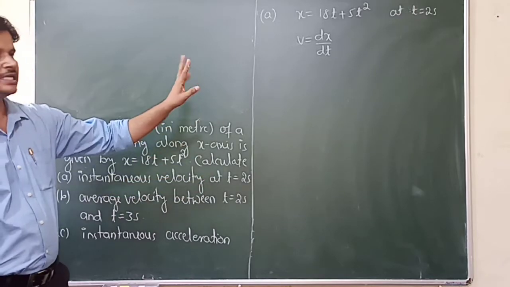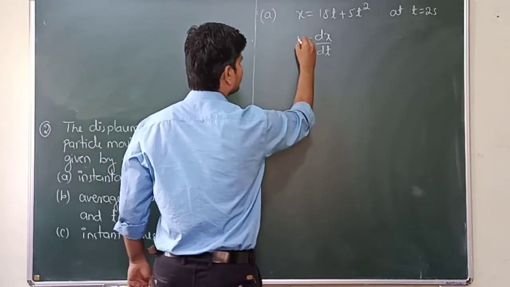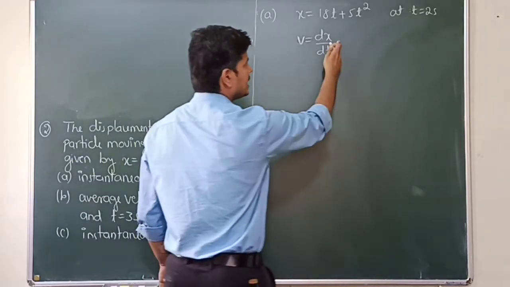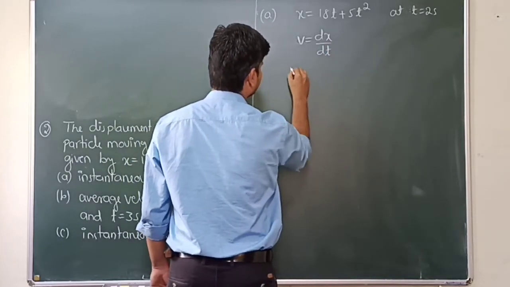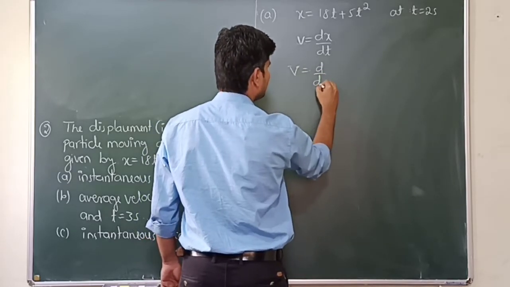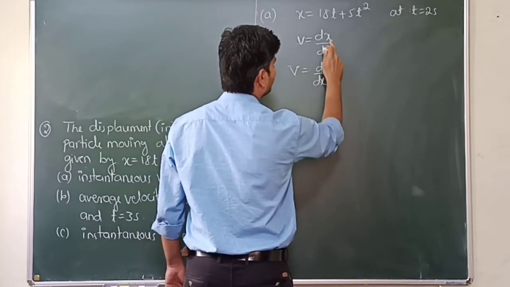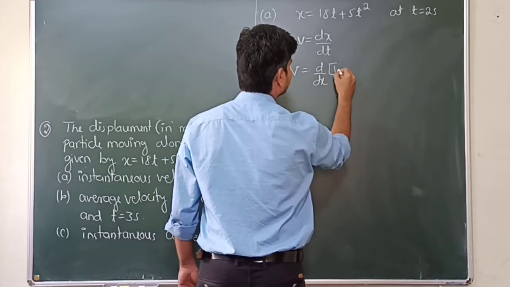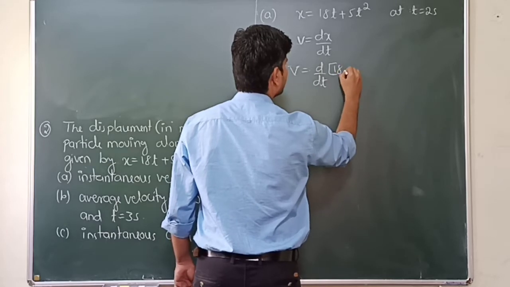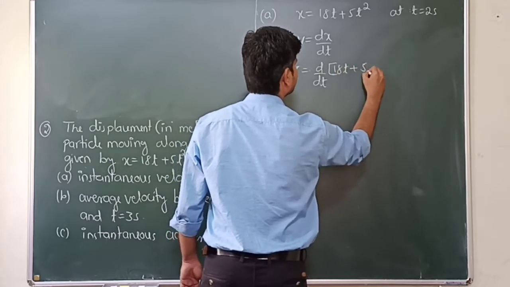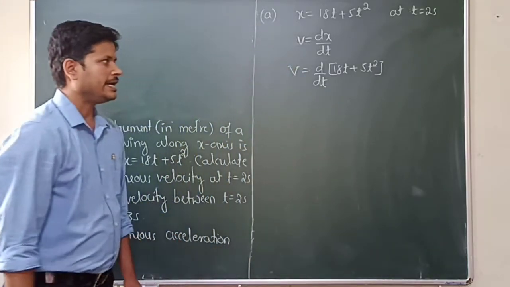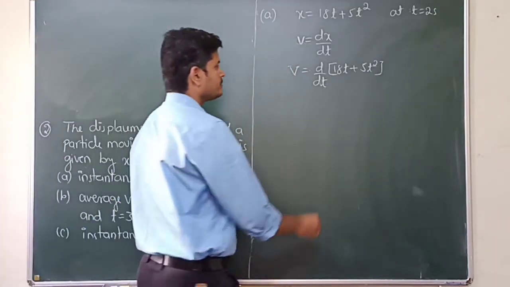X is already given, differentiate it. V is equal to d by dt of, in the place of x, 18t plus 5t square.